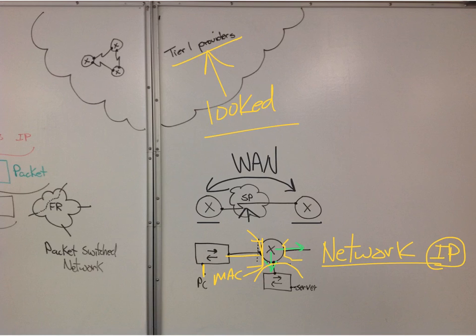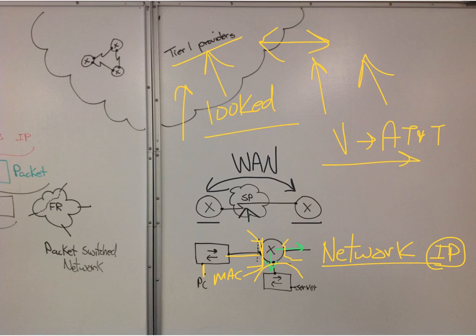They exchange information, data, and they don't charge each other. And how do they make money? Well, everybody else charges to get into their network. So if Verizon needs to send information to AT&T, they just send it to each other. They don't charge each other any money to move traffic between their networks.